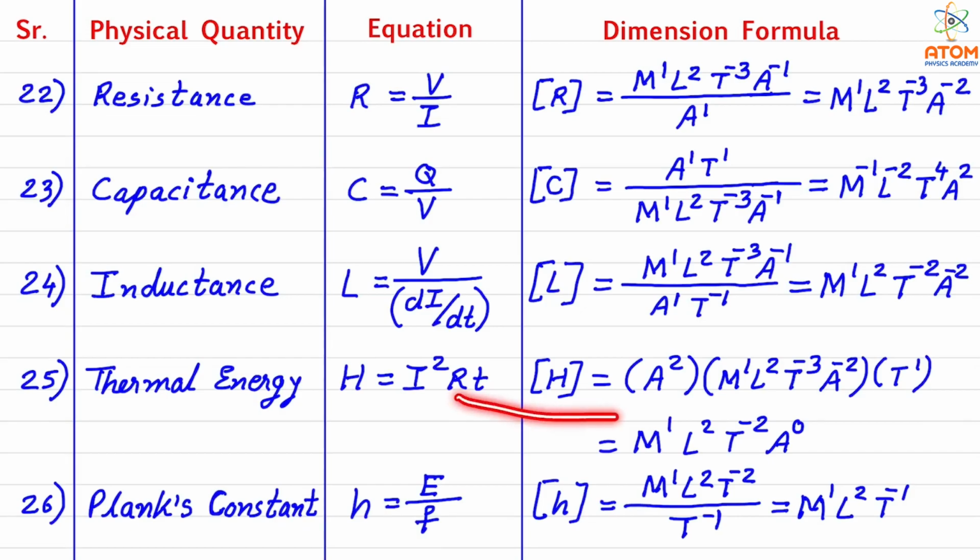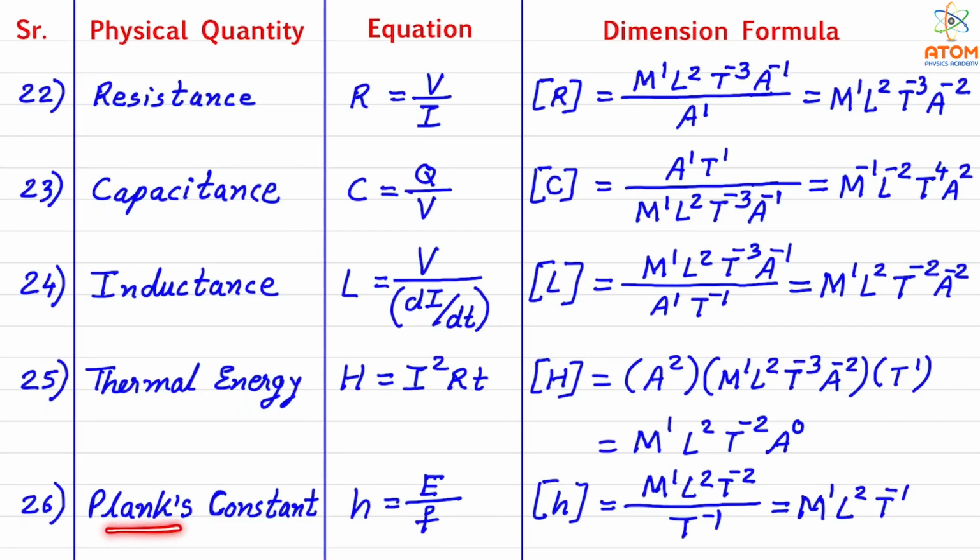Then for R it is M1 L2 T-3 A-2, and for time it is T1. Solving all of them, we will get M1 L2 T-2 and A raised to 0, or you can just write M1 L2 T-2. Again, it is equal to work and energy because this is again energy.